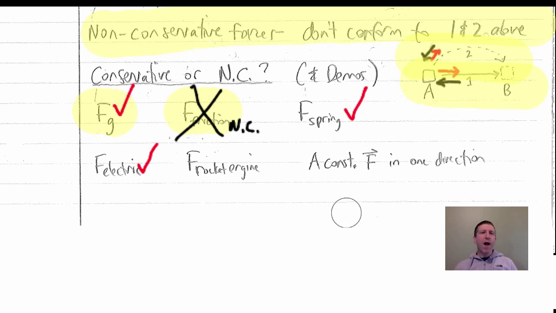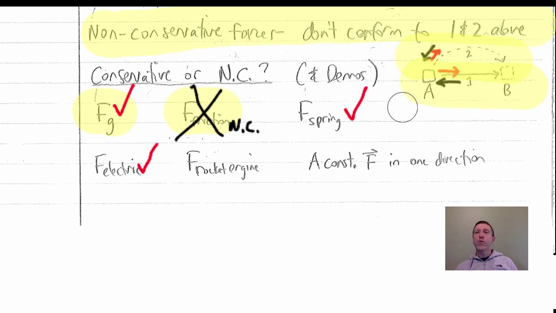Well, if we assume that the rocket engine is exerting a constant force, which one of these, 1 or 2, will have the rocket engine doing more work? Well, the total distance that it travels is greater on path 2. So if a rocket goes from A to B along path 1, the work done by the rocket engine will be the force of the rocket engine times the length of this path.